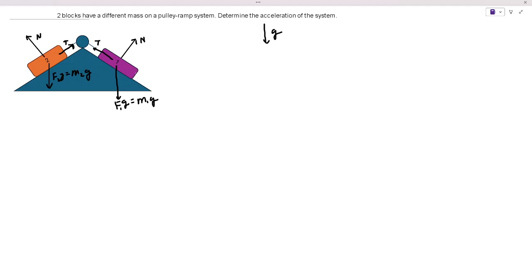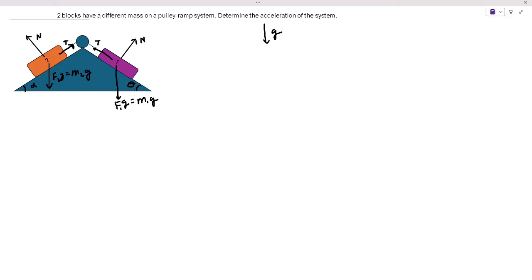So we have some diagrams drawn. Oh yeah, I forgot to mention that you have to be given angles for this problem. So I'm going to call that alpha, and we're going to call this theta. You need to be given angles or else you really can't solve this problem. So I'll also give you some angles on the ramp.